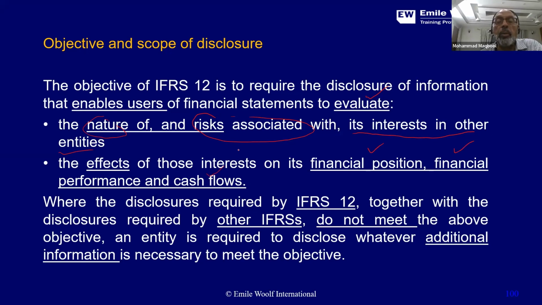They have an overriding requirement there. Where the disclosure required by IFRS 12, which we are going to look at on coming slides, together with the disclosure required by other IFRSs, does not meet the above objective, the entity is required to give more and more disclosure till that objective is met.